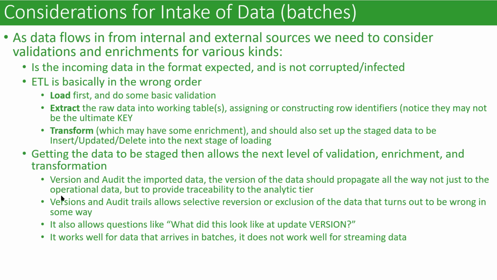We can trace its entire lineage backwards and say, well, this fact originated from import number 27B from using this version of this data processing pipeline from this exterior source on this date and this time is when it started processing, and it stopped processing at this date and this time, and all the other metadata that we would need to have the ability to demonstrate that our data flowed uncorrupted.